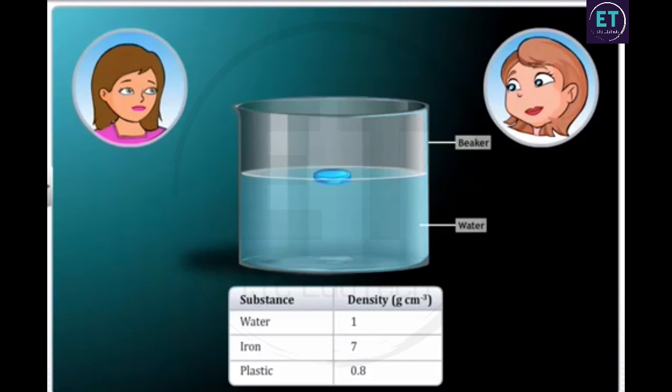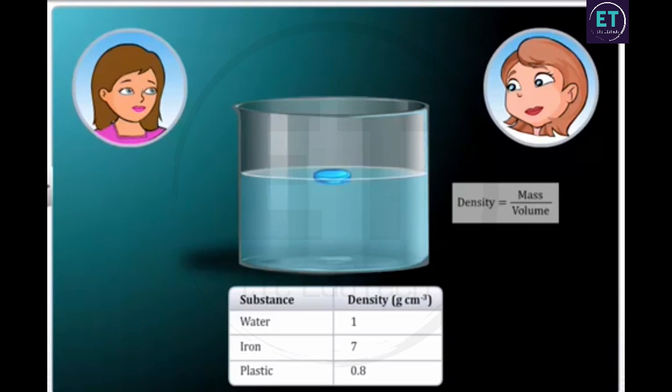So how can we determine whether the buoyant force on an object will exceed its weight? The magnitude of this buoyant force depends on the density of the fluid. Therefore, the floating and sinking of objects depends on how the density of the object compares with the density of water.